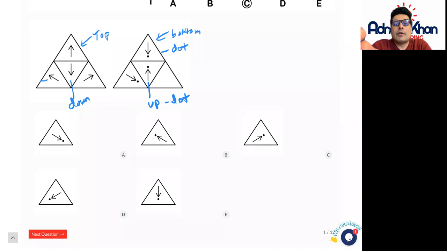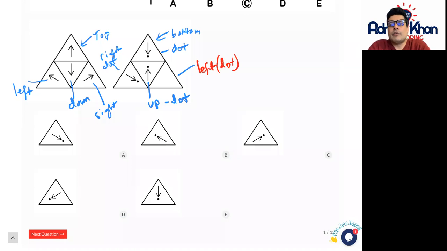This particular arrow is pointing to the left, and this particular arrow is pointing to the right, again with a dot at the end of the arrow. So the last one, the arrow is pointing to the right. That means here we're looking for an arrow that is pointing to the left with a dot at the end of the arrowhead.